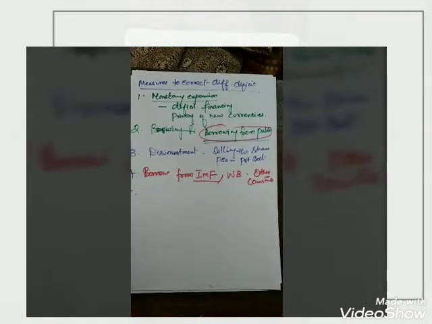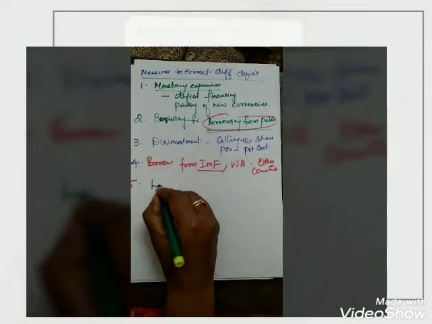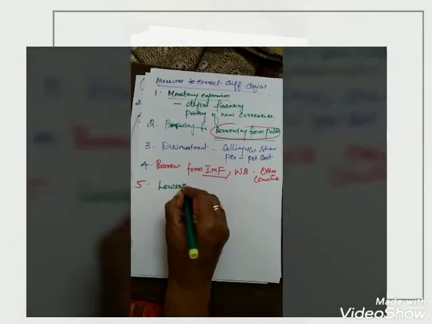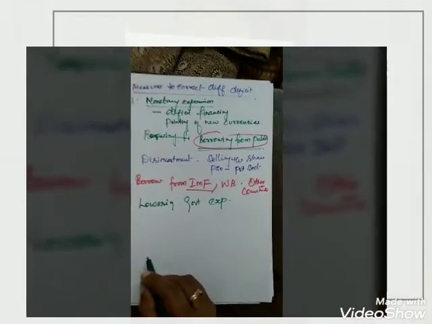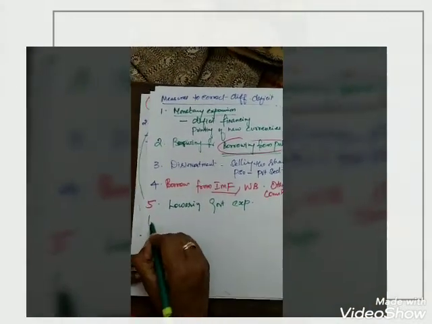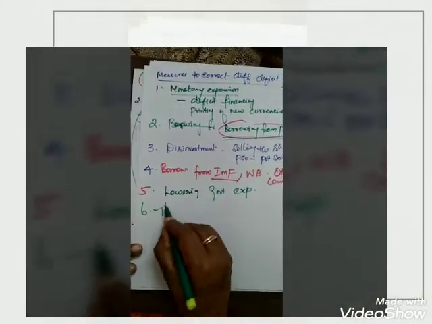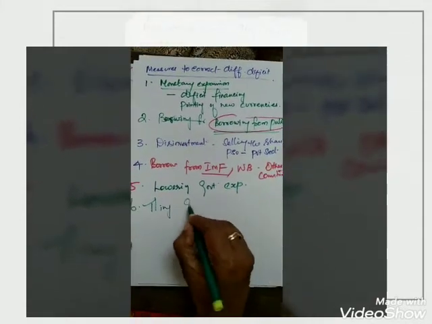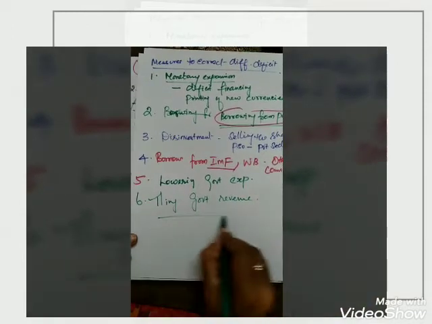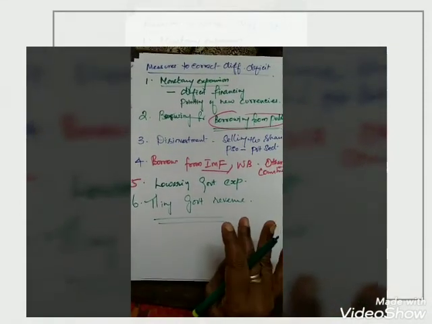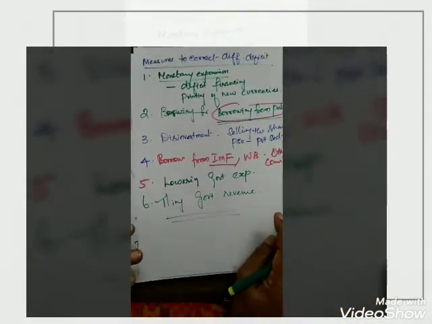Fifth one is lowering government expenditure. The last one is otherwise increasing government revenue. In that way, we can manage the deficit.